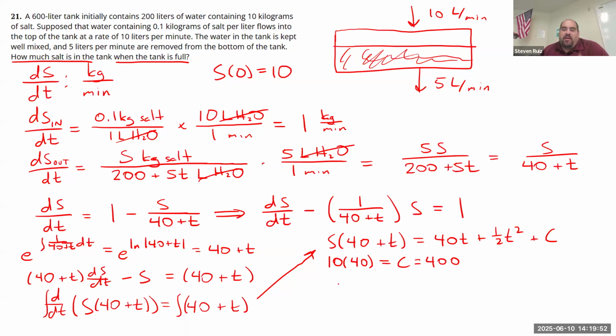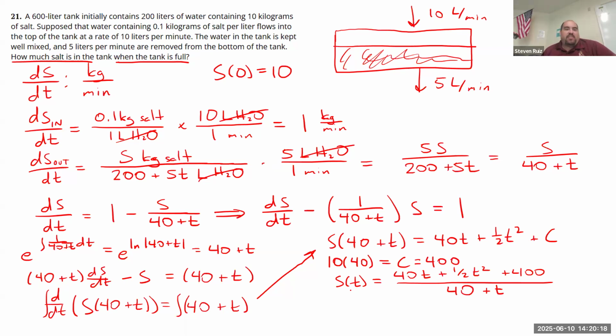Okay, so this will be my full equation. S of t equals (40t plus 1/2 t squared plus 400) all over (40 plus t). So this is the analytic solution of this function I was trying to find.